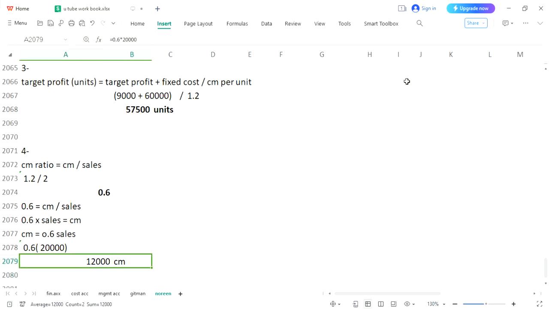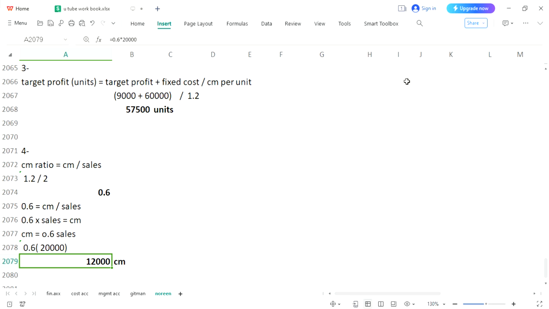Okay, if there is a change of 20,000 in sales, your contribution margin change would be 12,000. This is your contribution margin. Again, listen to my words. If you will change your sales by 20,000, your contribution margin would be increased by 12,000.